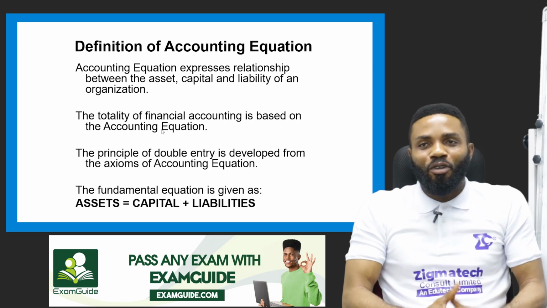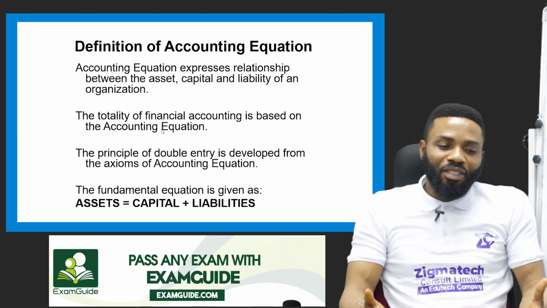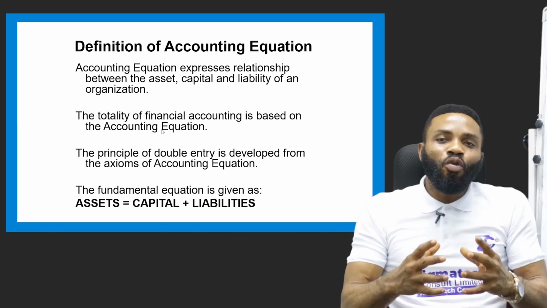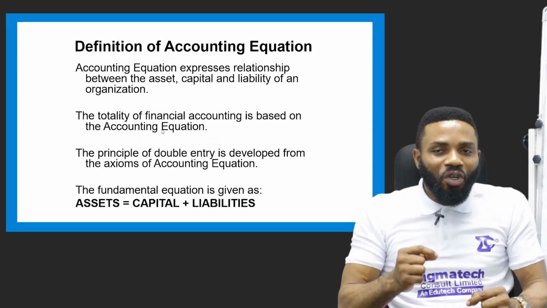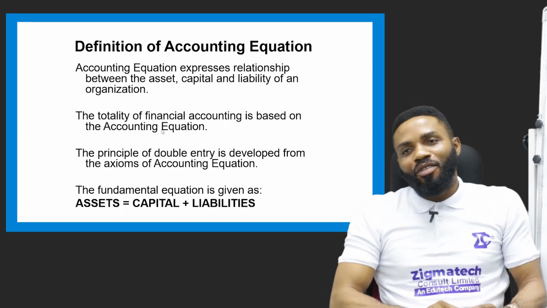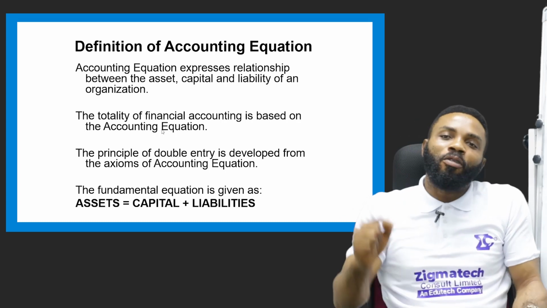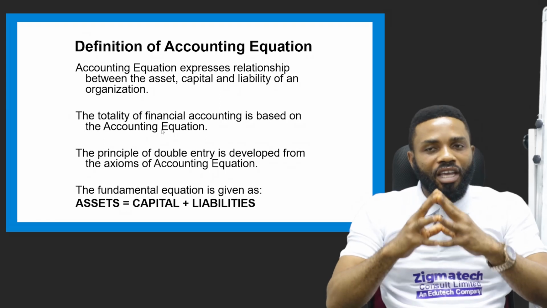Like for this particular topic now, you see that he's talking about equation. In mathematics, we have the likes of simple equation and so on and so forth. So if you want to really do very well in this topic, you must understand the concept of simple equation. We have quadratic equation, we have polynomials and the like. But for this particular topic, you must understand simple equation.